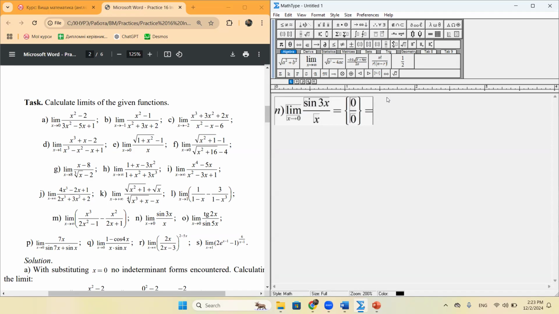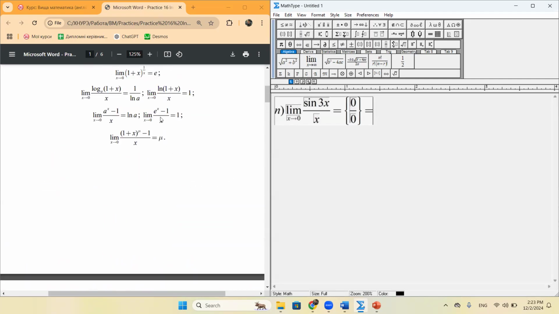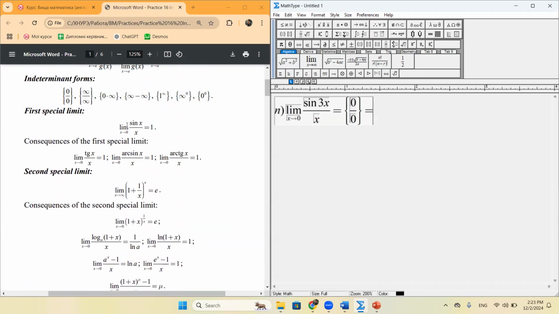What can we use here? So we will use the first special limit. So we will transform this limit to the first special limit and then use it.